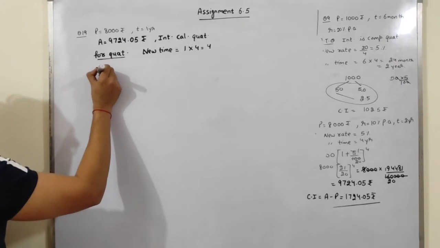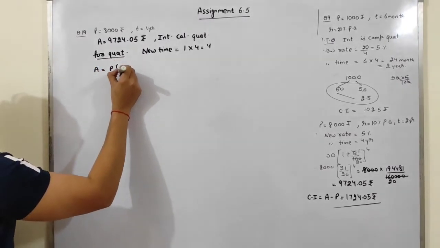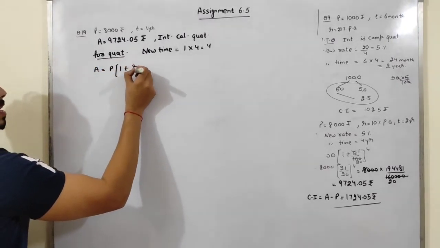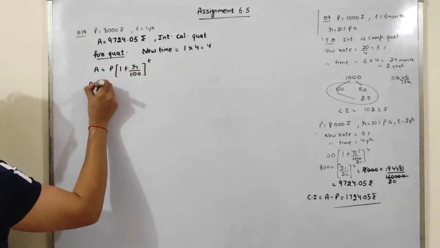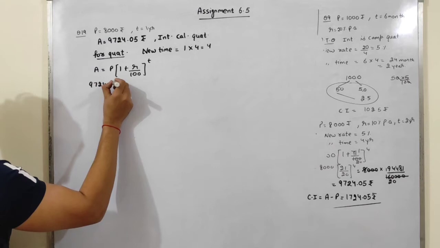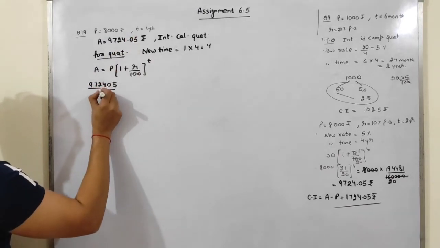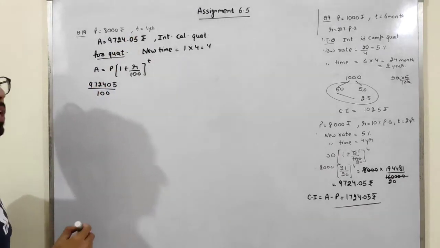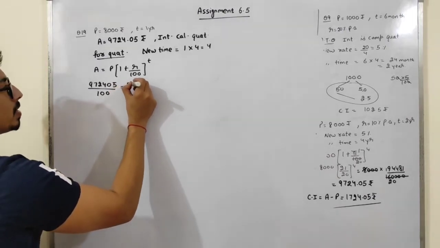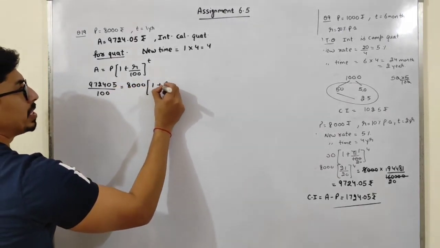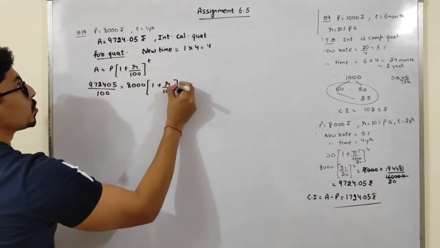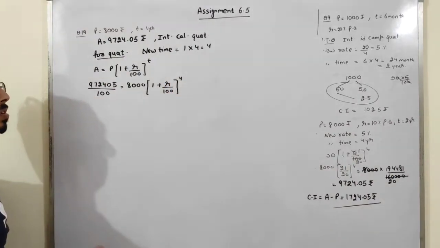Now students, apply the formula. A is equal to P times (1 plus R upon 100) raised to the power T. This is 972405. If I just remove the decimal, it will be 100. Principal, that is 8,000. 1 plus R, we don't know, students. Raised to the power 4.